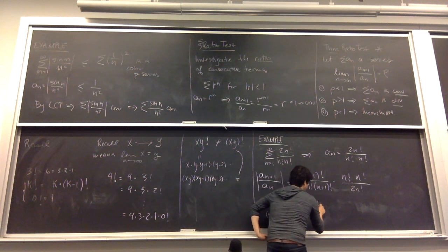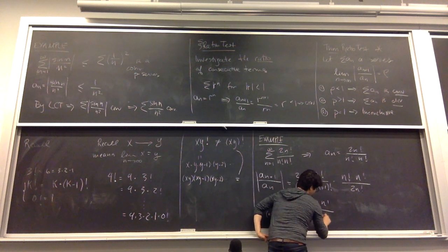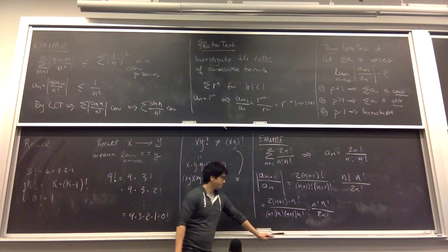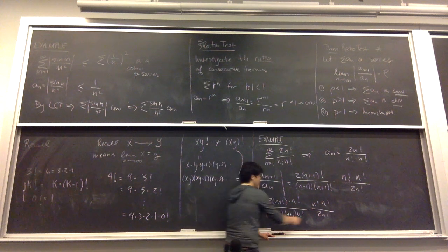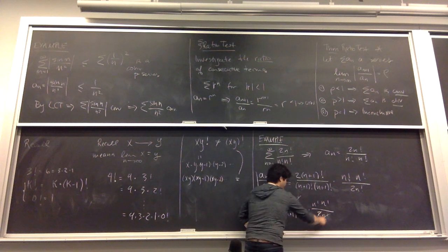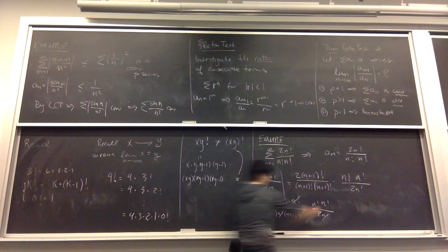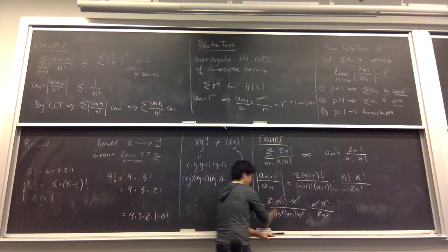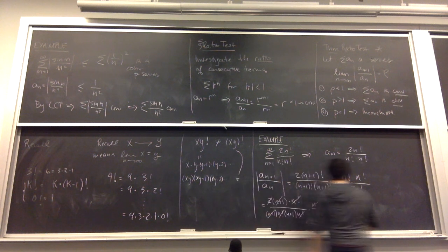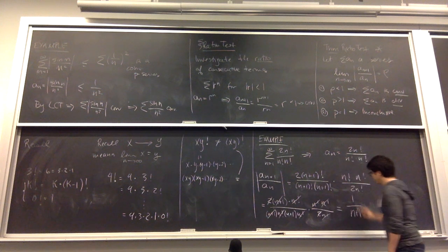The top was what? n factorial over 2n factorial. So what do we get? What can we cancel now? 2, n factorial, n factorial, n factorial, n factorial. These two, this one, and that one. In the end, we're left with 1 over n plus 1.